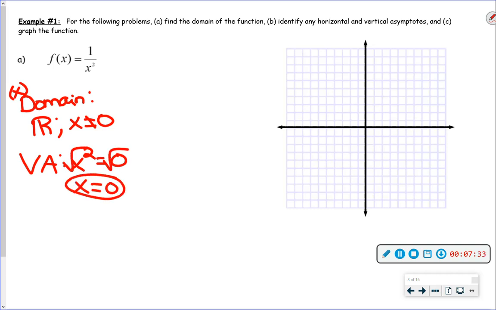And notice, your domain and your vertical asymptote are always related. This is what you cannot use for x, so that's going to be your boundary line when we draw our graphs. So I'm going to hit 0. I'm going to draw a vertical dashed line. I'm not going to cross or touch this when we actually get the graph going.